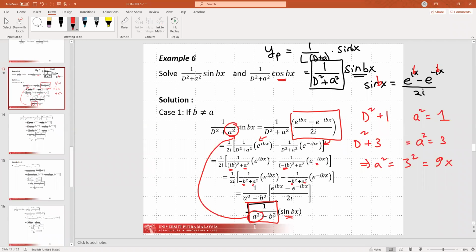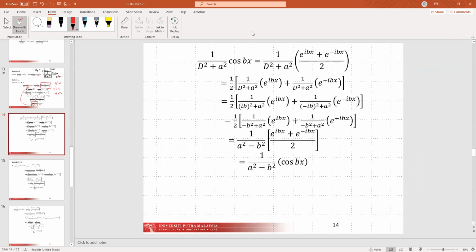Okay, how about cosine? Cosine bx. Menggunakan idea yang sama, using the same ideas, expand untuk cosine, pastikan cosine yang ni tambah, yang ni tidak ada 2i. There's no 2i. So kalau awak expand benda yang sama, follow the rules, awak akan dapat dia punya coefficient cuma 1 over a squared minus b squared.